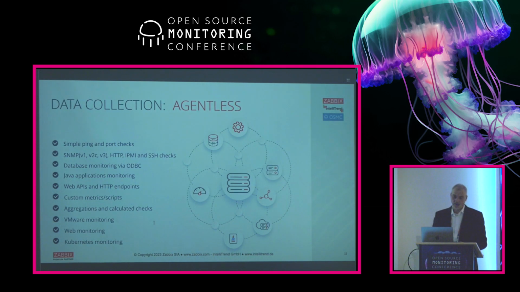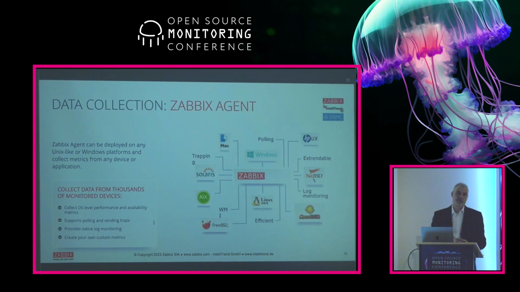VMware monitoring, web monitoring, and Kubernetes monitoring. These are examples for agentless monitoring in Zabbix. The other way to do it is using the Zabbix agent. The Zabbix agent is available for many operating systems. Most important Linux, Windows, but also Mac, for example.